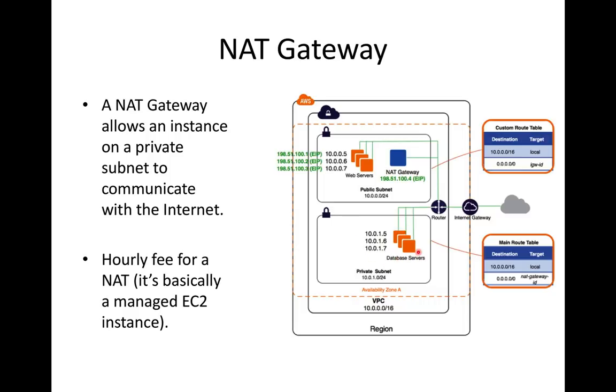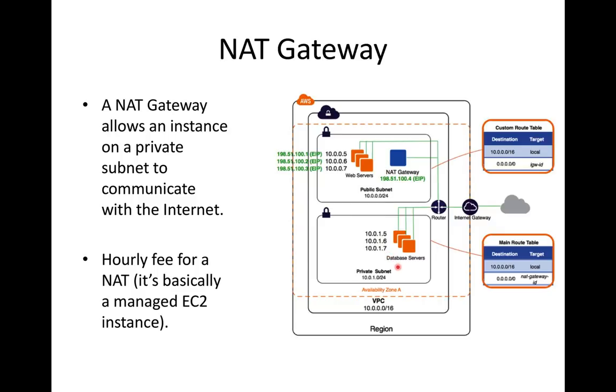But what if these servers in the private subnet need to be able to make requests out to the internet? Maybe these private servers are making periodic requests to some sort of API service running somewhere on the internet. Maybe these servers need to connect to Yum package repositories to download new Linux patches and security updates.